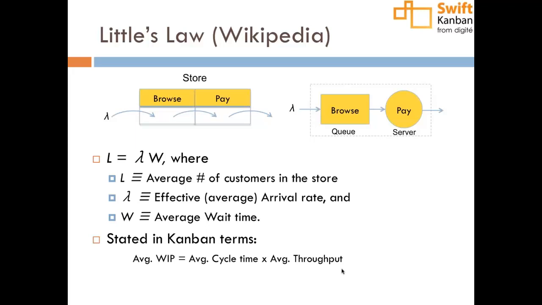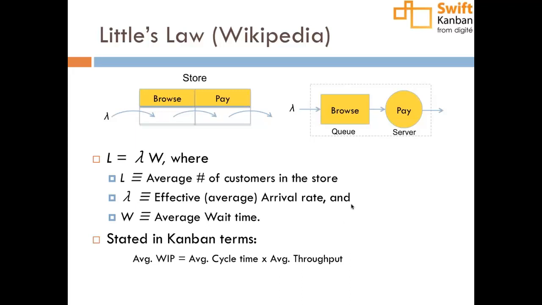And if you look at Wikipedia, the first formula, L equal to lambda W, is straight taken out of Wikipedia. And I'm using the terminology used in operations research or queuing theory.